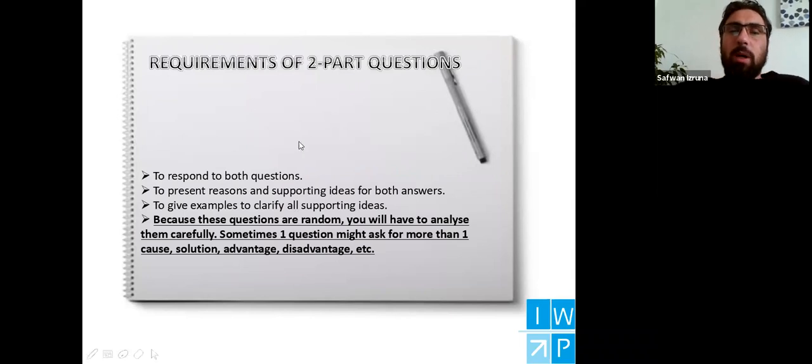Two-part questions. So two-part questions, of course, we need to respond to both of the questions. So this is very, very important, that we answer both of the questions that are given to us and that we give reasons for our opinions, for our answers, and also give examples for them as well.